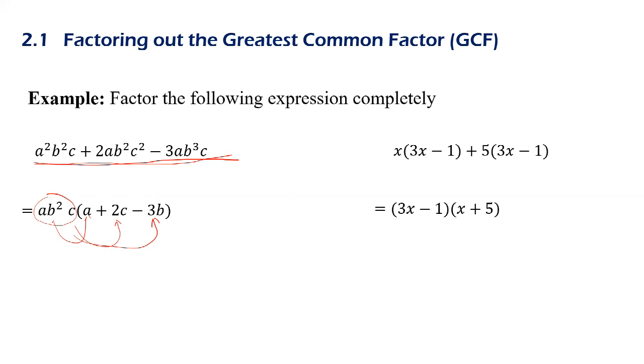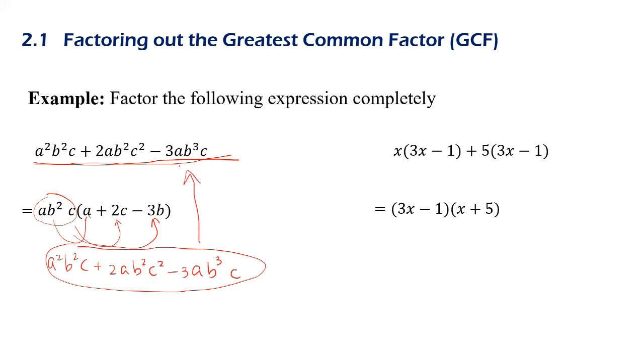So if we verify this result, you can see that the expanded form is actually a squared b squared c plus 2ab squared c squared minus 3ab cubed c, which is exactly the same as your original expression. So that means our factoring result is correct.